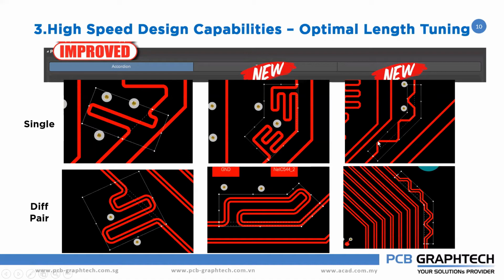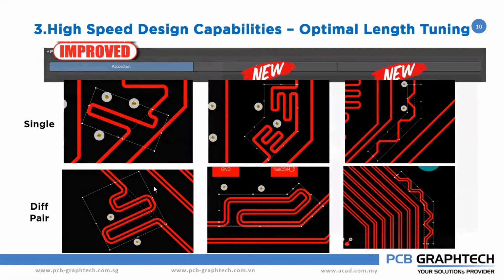It's a sharp bend, so it can be used only when you cannot use the trombone or accordion, depending on the application. But when you use the sawtooth, it can be adjusted based on the diameters, length and height. This can be done for both single tuning and differential pairs.